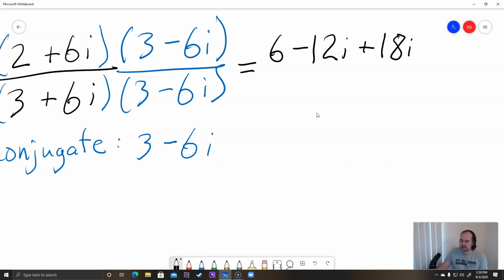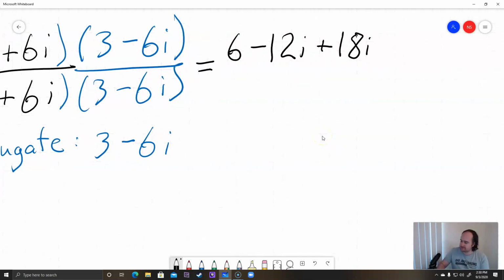And the last is 6i times negative 6i, which gives us negative 36i squared. With all of that, we've got the top.